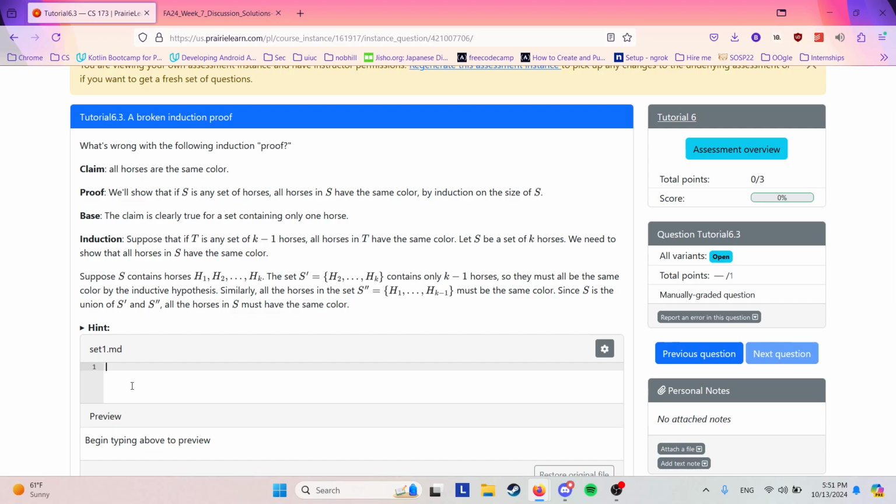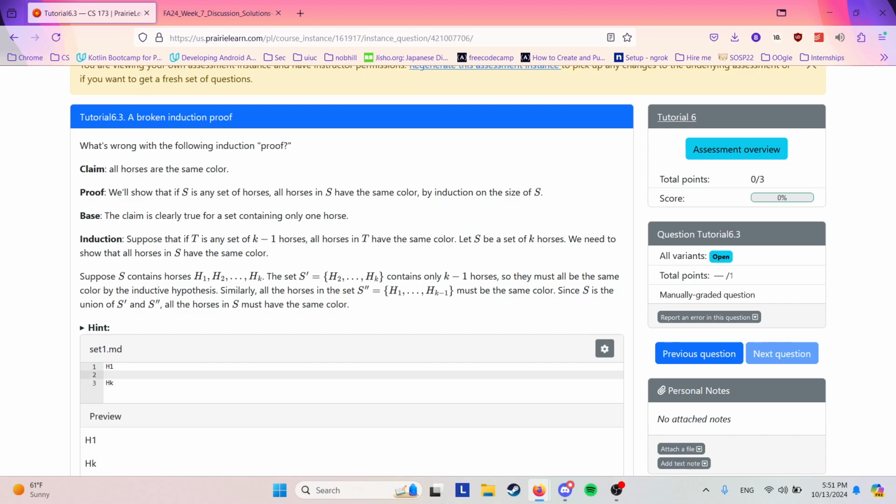What this proof relies on is that when we take the union of S prime and S double prime, we're actually using the fact that S prime and S double prime overlap to conclude that everything has the same color, right? S prime excludes h1, and S double prime excludes hk.